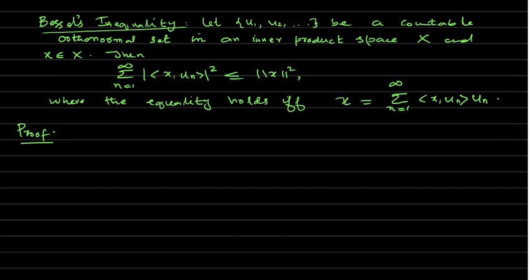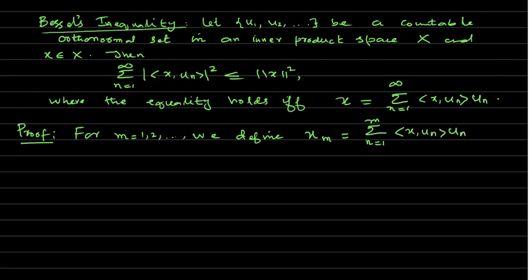Proof. Let's first define the following vector. For each m, m runs from 1 to infinity, we define the vector xm, the finite sum, n runs from 1 to m, of the inner product of x with un times un.